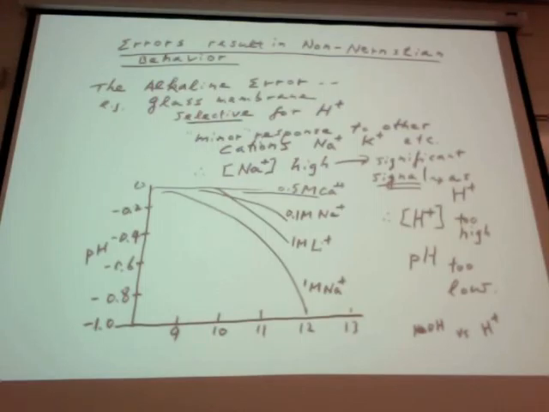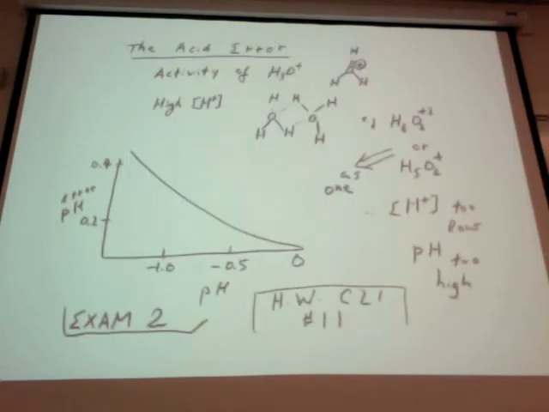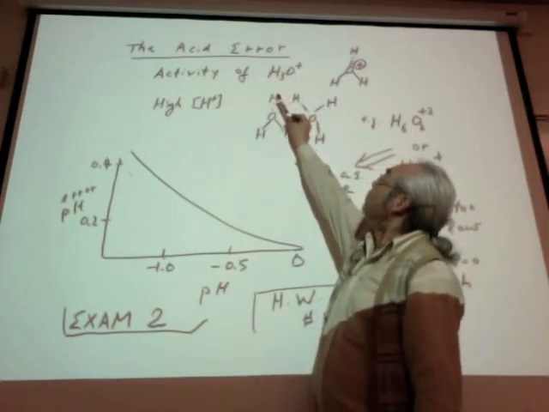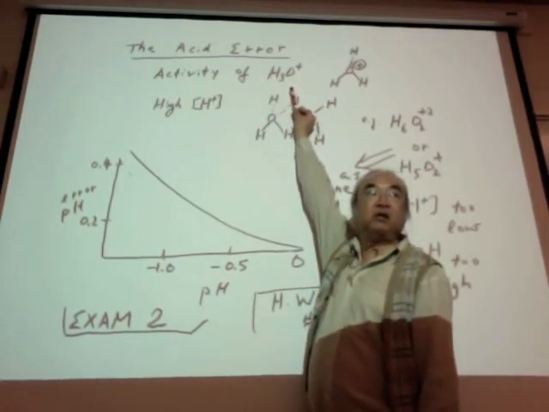Okay, when you have an alkaline error, there must be an acid error. So here's the so-called acid error. Now remember, the electrode measures the activity of H+.